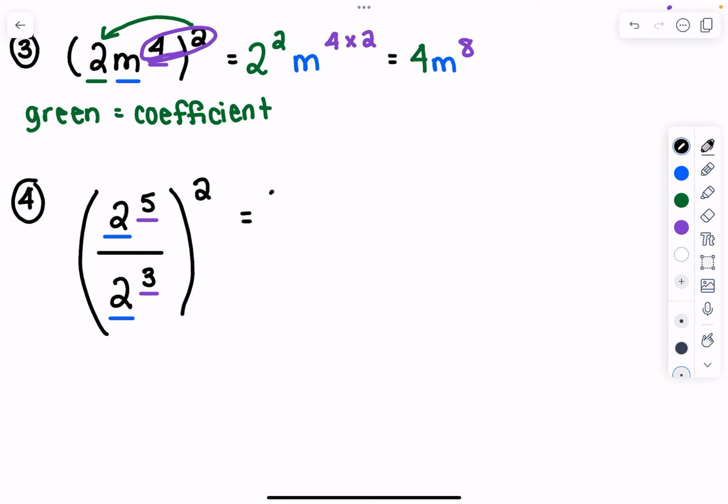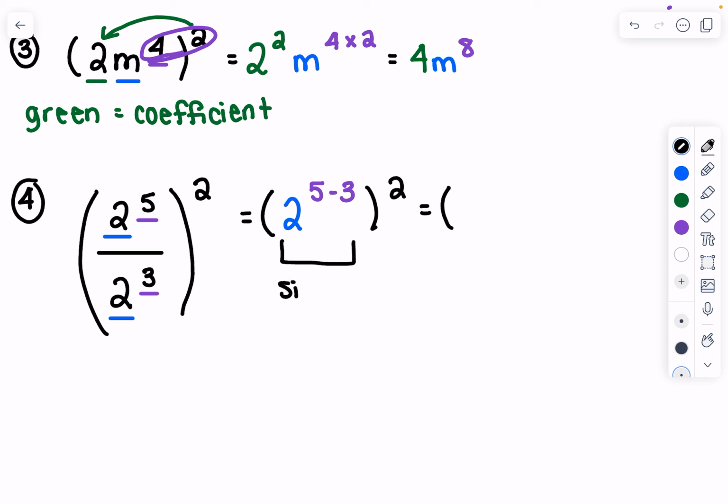So I'm going to keep my bracket. I know my base is 2, and I'm now going to write my subtraction of 5 minus 3. Okay. That 2 is just hanging out on the outside. I haven't quite done anything with it yet. Okay, so let's see what I get. I'm going to simplify this part.